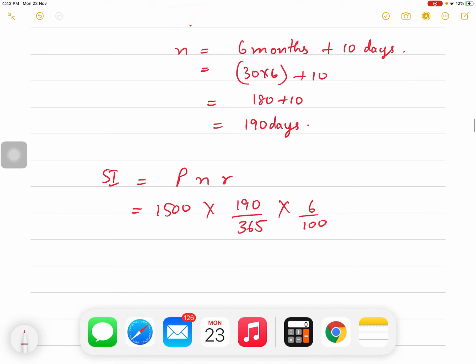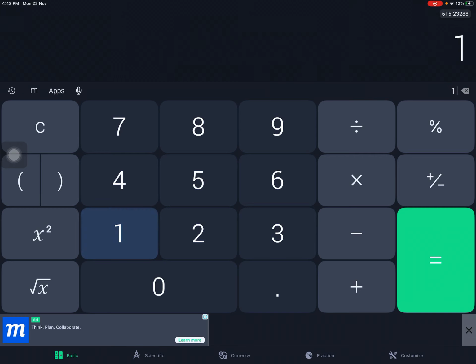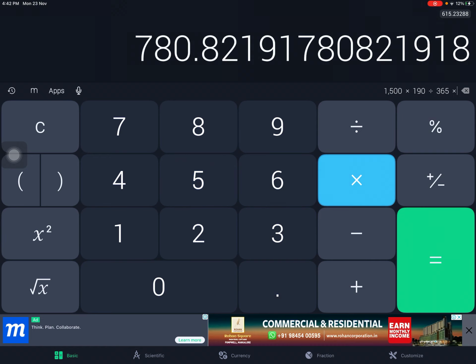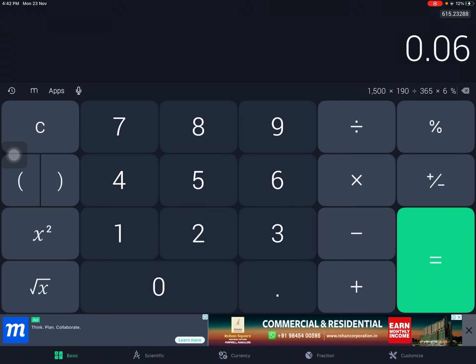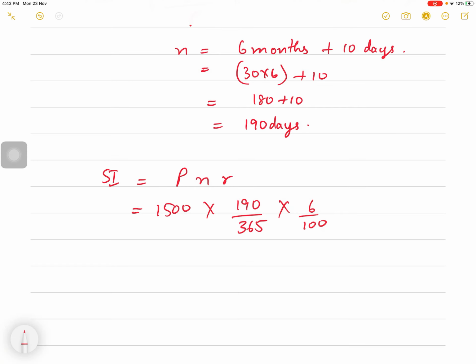So 1500 multiplied by 190 divided by 365 multiplied by 6%. It comes to 46.85. Rupees 46.85.